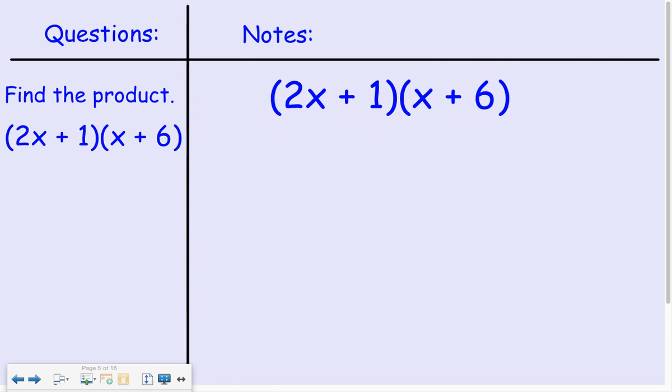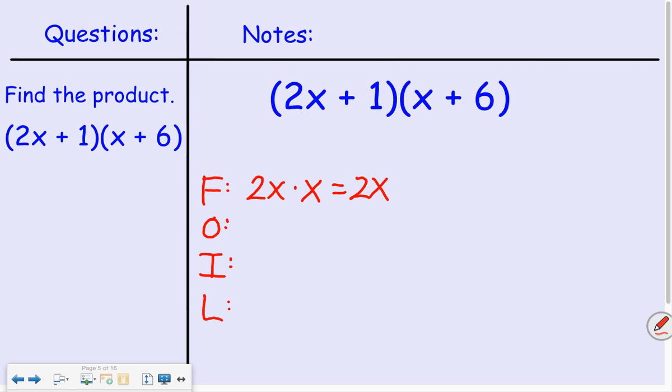2x plus 1 times x plus 6. So this time we have a coefficient in front of one of our x's, but we'll still do the same thing. So F is 2x times x, which is 2x squared. Outer is 2x times 6, which is 12x.